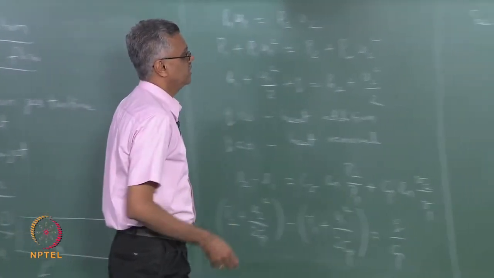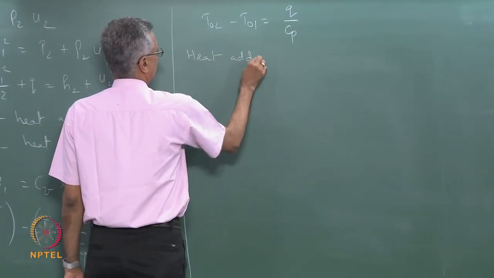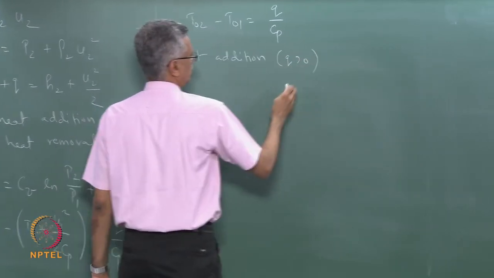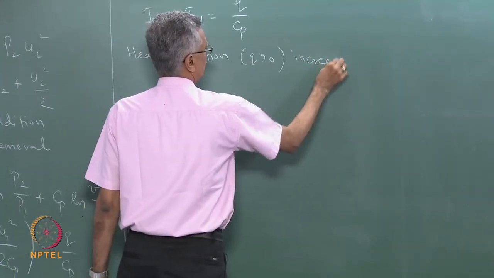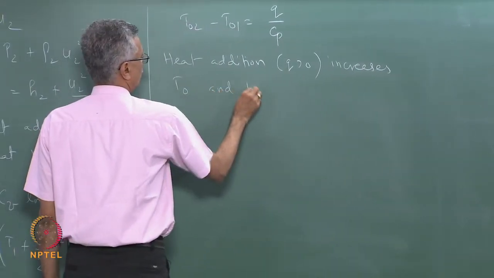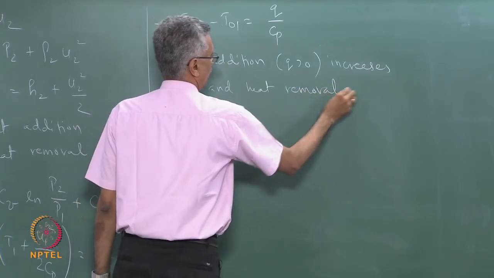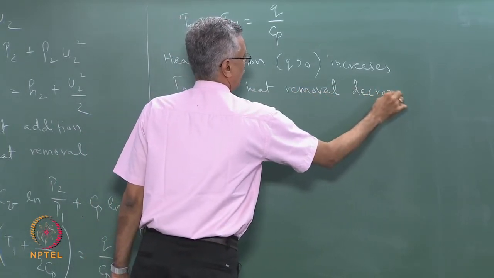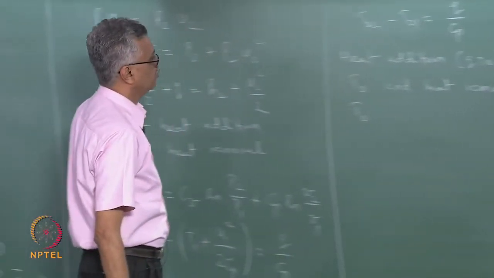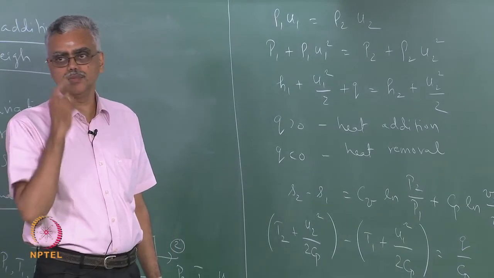So, what we can see here is that heat addition, wherein Q is greater than 0, increases T naught, and heat removal decreases it. If I add heat to a flow, the stagnation temperature increases. If I remove heat from the flow, stagnation temperature decreases.